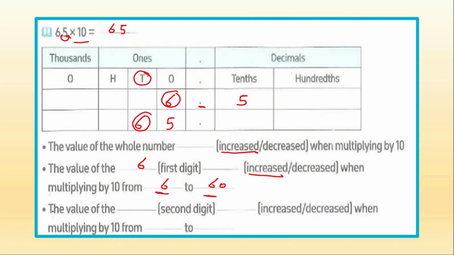The next question, the value of the second digit, which one is second? 5. Got it? 5 in tenths. Okay, يعني digit is 5. Increased or decreased when multiplying by 10. Already you know increased. Okay, from which to which. طب شوف كده chart عشان نفهم كويس هي كانت فين وبقت فين. هنا 5 in tenths.